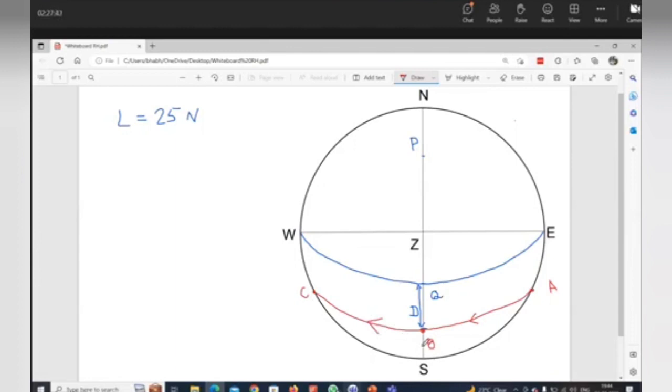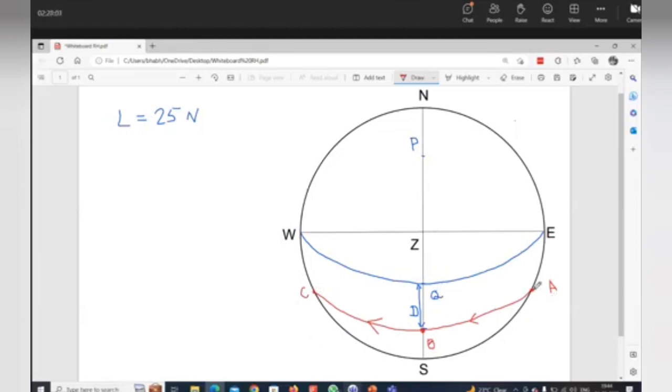Yes, sir. Very good. Now, what do you want to show? Amplitude? Yes, sir. Very good. Amplitude means rising or setting direction or bearing of the body. So, which one do you want to take, rising or setting? Rising.